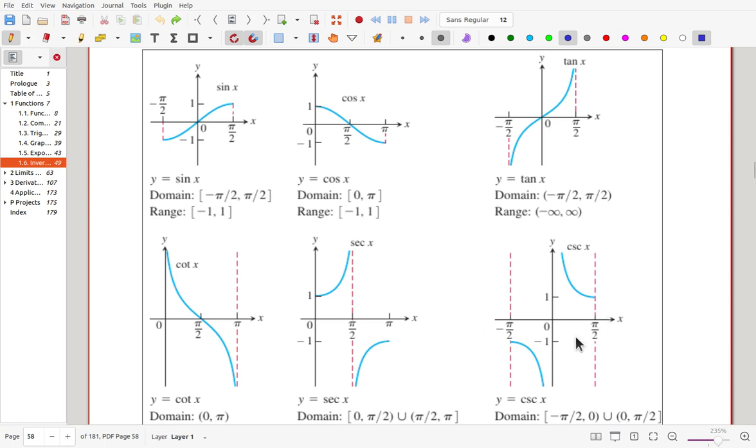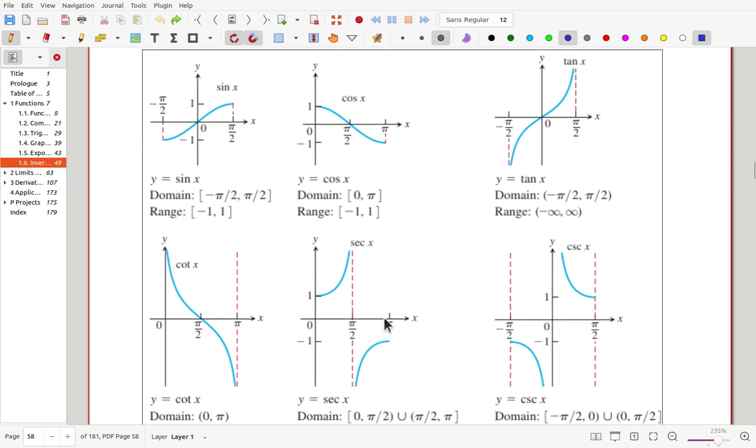The reciprocal of sine, which is cosecant: if we consider from minus pi over 2 to pi over 2, then again it is one-to-one, even though again you have two pieces, and in the range also we have such a gap. With these restrictions of the domain, they are one-to-one, so we can define inverses.